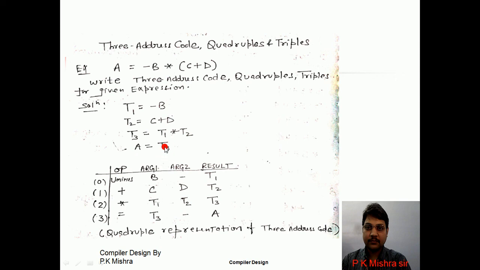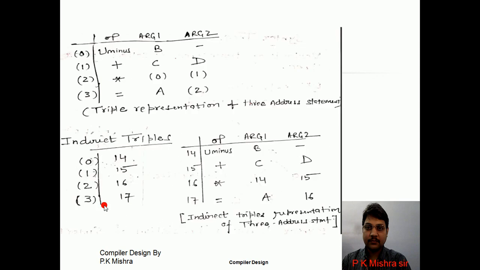In place of t3, we write its address. The address of t3 is 2. So argument 1 is a and argument 2 is 2. This is the triples representation of the three address statements.